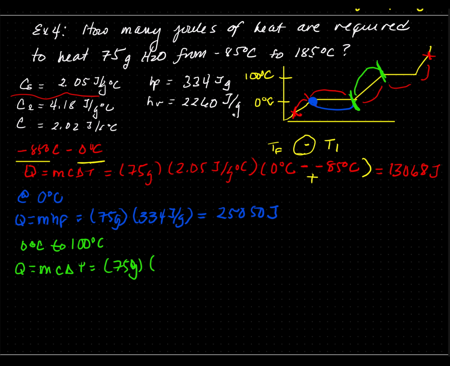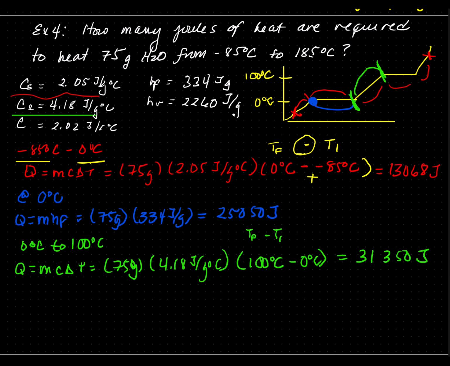My C now is for the liquid because we are in the liquid phase. So 4.18 joules per gram degrees Celsius times T final minus T initial. My final temperature is 100 degrees Celsius minus 0 degrees Celsius. You multiply all of this through, you get 31,350 joules.